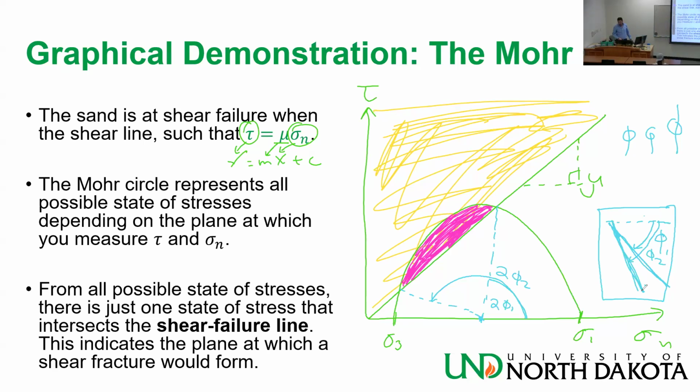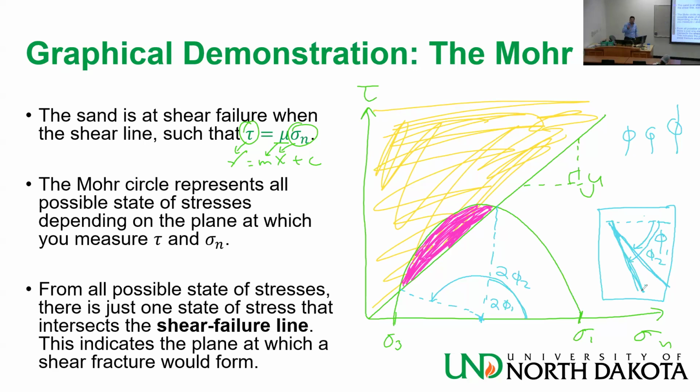Now, I'm not entirely truthful, because to have this, it means that I have to have tau not equal to 0. So it's uncemented, like saying it's not an intact rock.